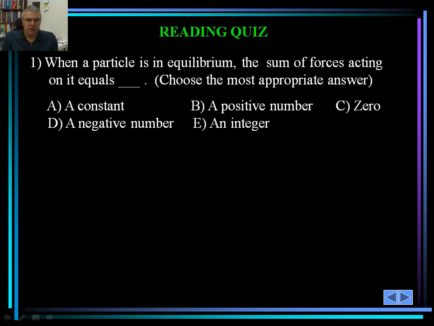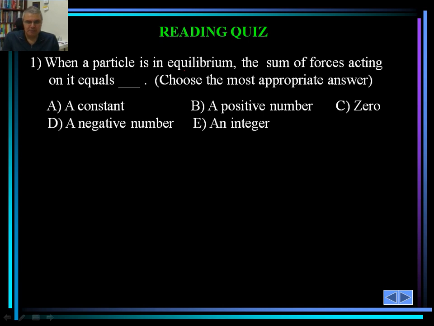In order for a particle or a body to be in equilibrium, the sum of the forces acting on it must be 0, otherwise the body is not going to be static, it won't be stationary, it will be in a dynamic position.